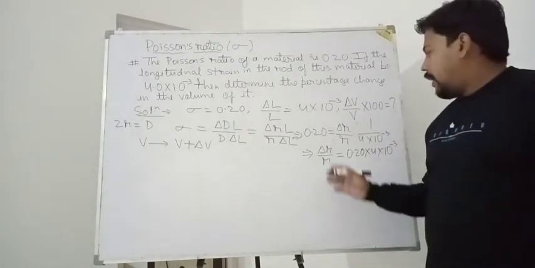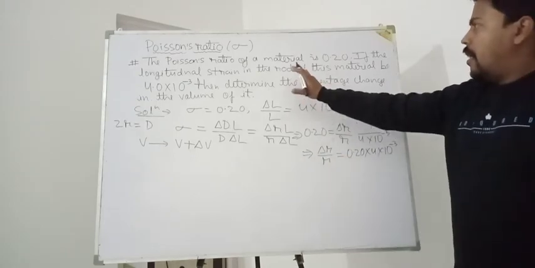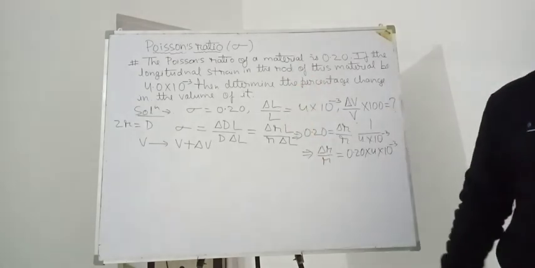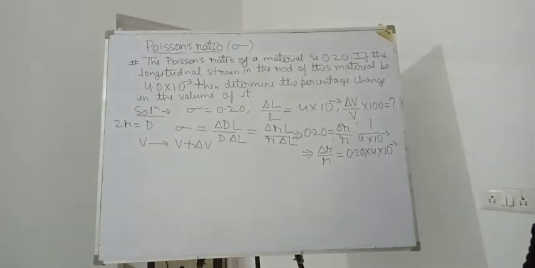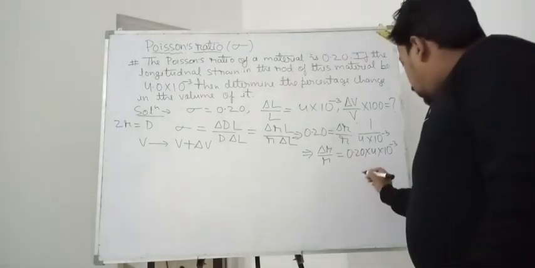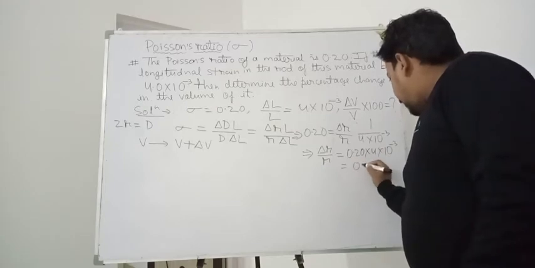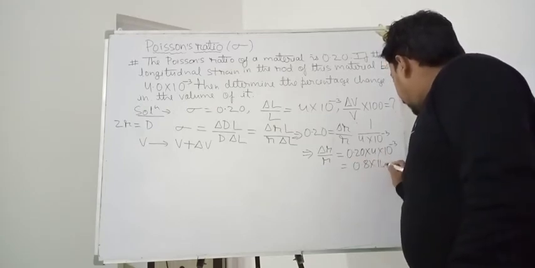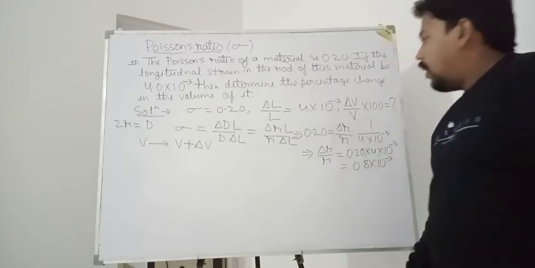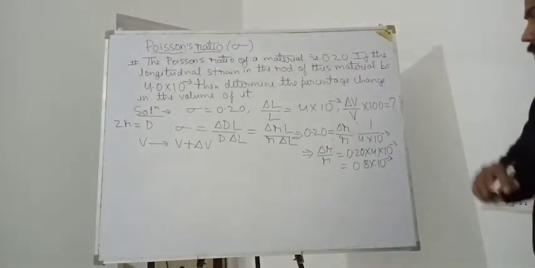So from here we are getting the fractional change in the radius just by the definition of this Poisson's ratio. We will be getting the value of delta r upon r equal to 4 into 0.20, that will be 0.8 into 10 to the power minus 3. Now we know the fractional change in radius.